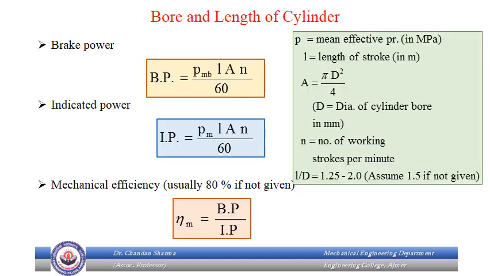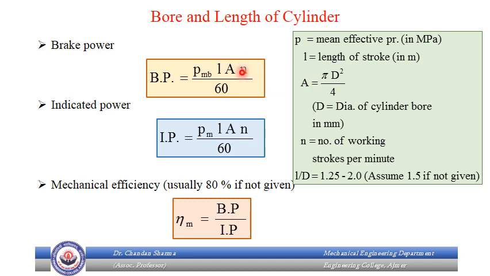Let us first discuss how to find bore and length of cylinder. We all know these are very common formulas that we have had in our previous courses. Brake power is given by PMB LAN over 60, where PMB is brake mean effective pressure, L is length of stroke, A is area of cylinder, that is pi/4 D square, where D is diameter of bore which is required to be determined, N is number of working strokes.